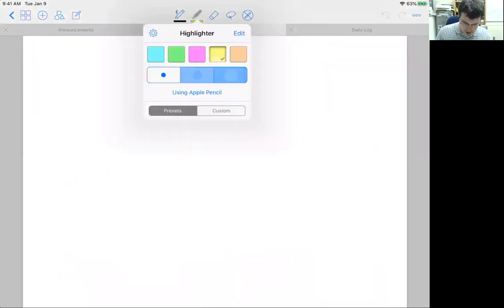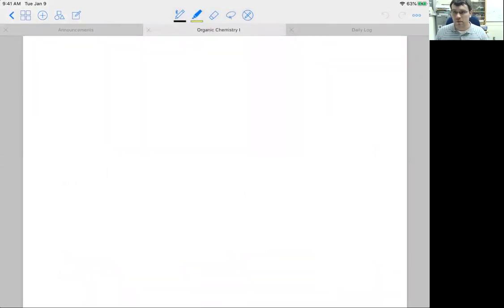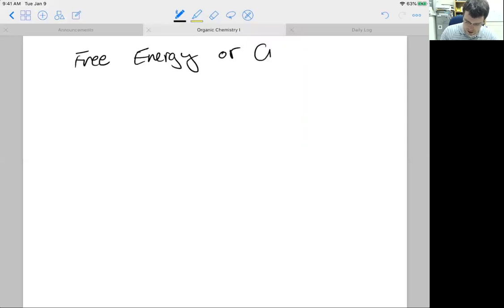Okay, so we can describe this in a more quantitative sense using a term called the free energy or the Gibbs free energy. I believe it's just become better to say Gibbs free energy.